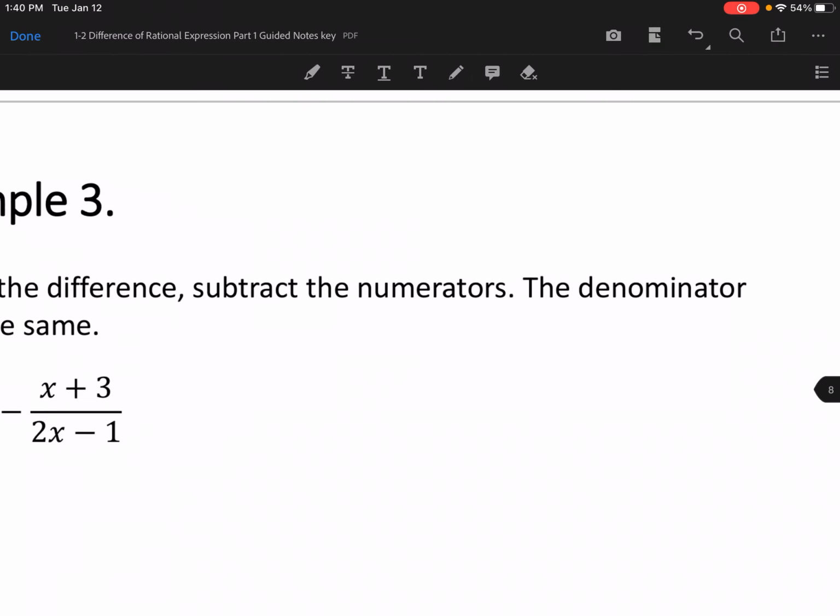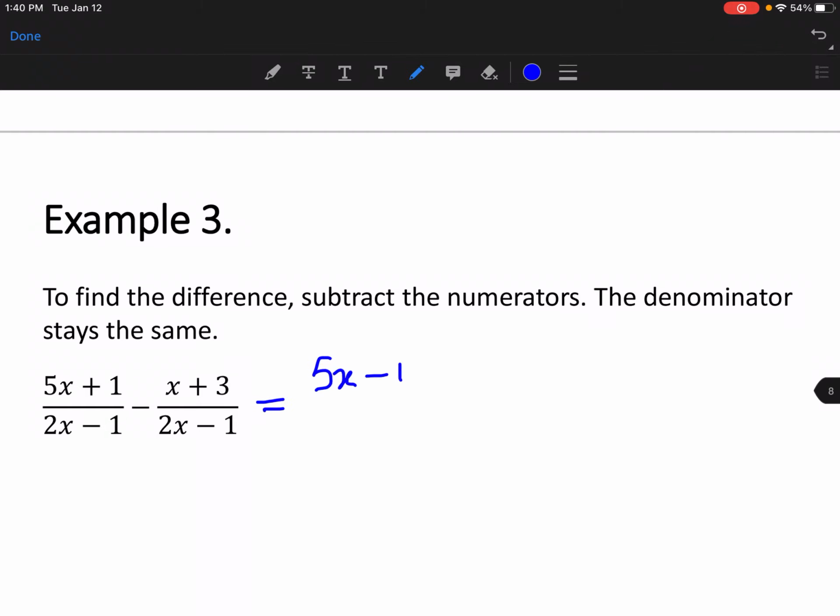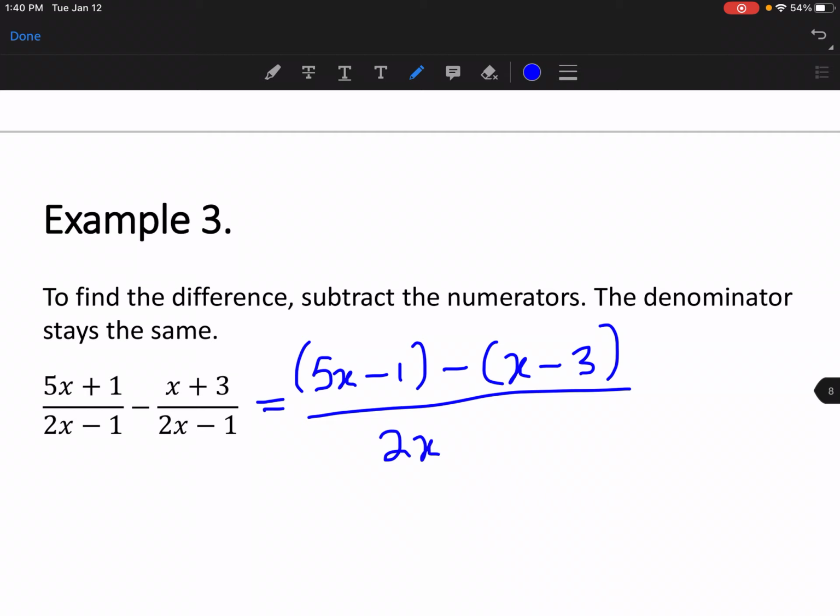Alright, example 3. Find the difference. Subtract the numerators. Again, the denominator does not change. So the numerator, I have 5x minus 1 minus x minus 3, all over 2x minus 1. When we had addition, we could add them all together.